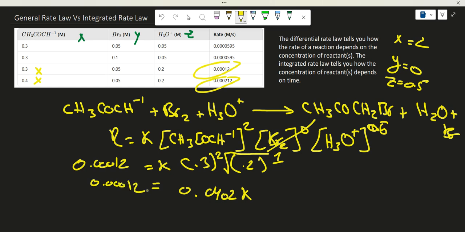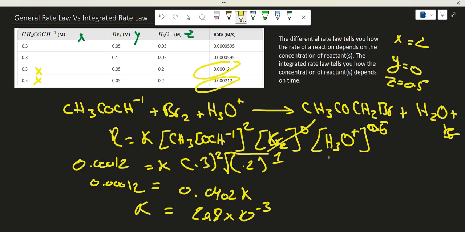So how do you solve? Just divide 0.00012 by 0.0402, and you're getting this nice number. It's not nice. K equals 2.98 times 10 to the minus 3.